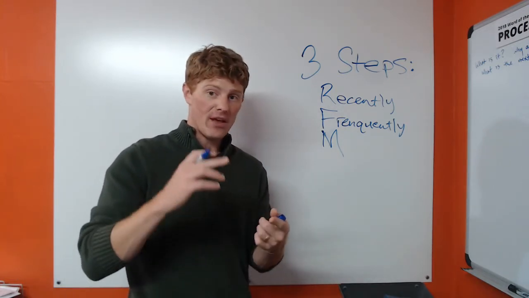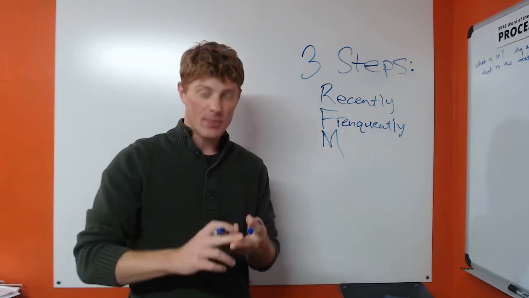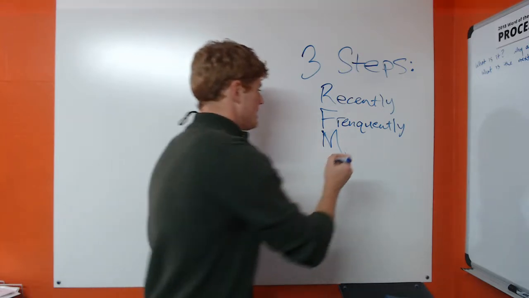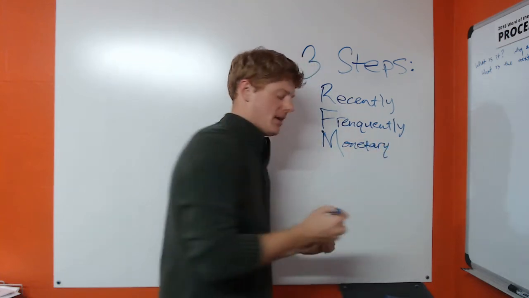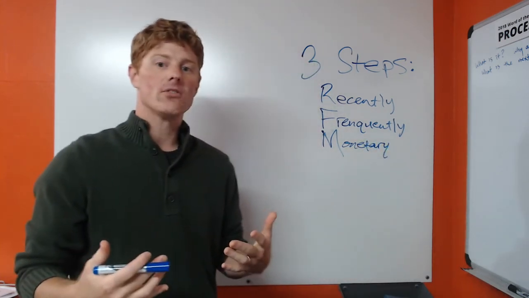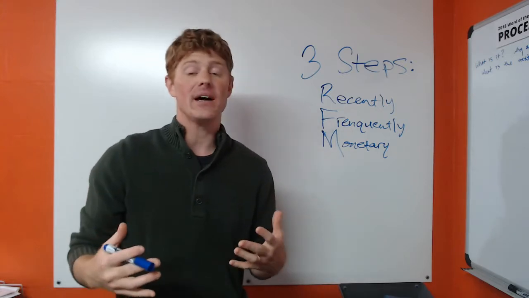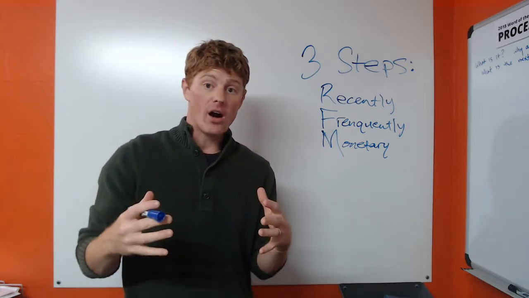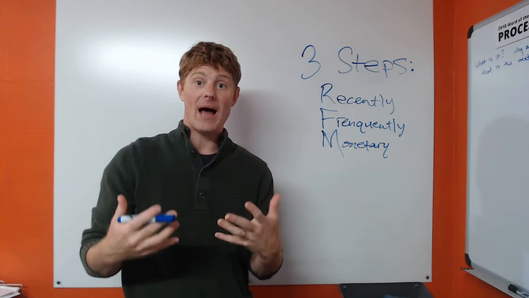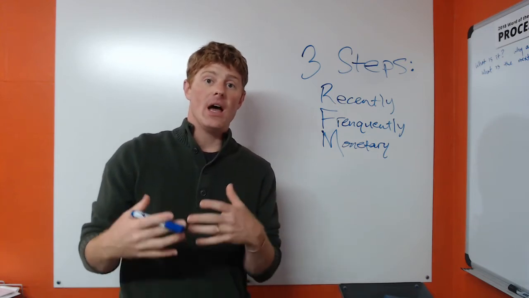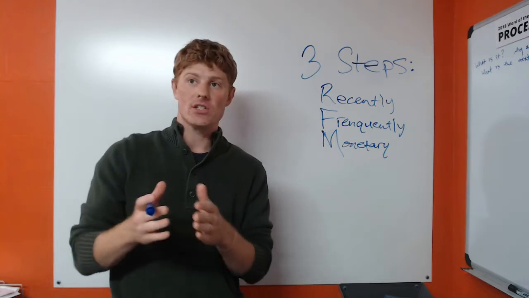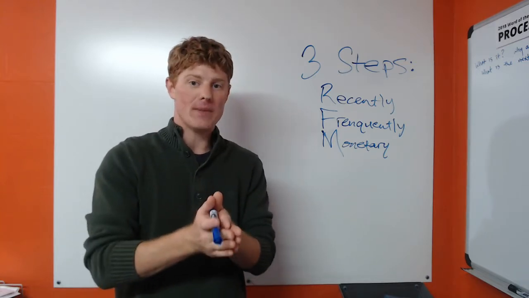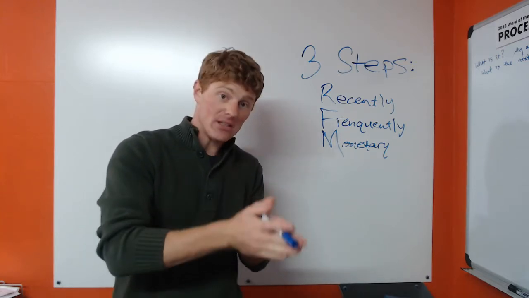And so if they've spent money recently, if they spent money frequently, the last thing that you look at is the monetary value. So if somebody has spent $1,000 in a space, they are potentially going to spend a lot more in that space in the future than somebody who spent $10 in the space, because people tend to spend to their capacity to spend.